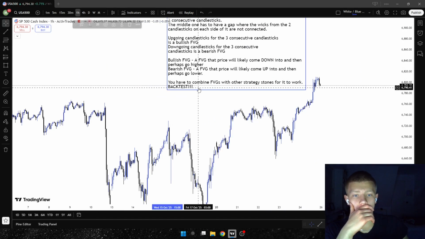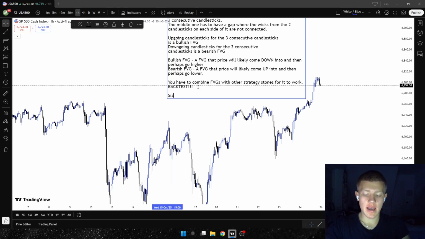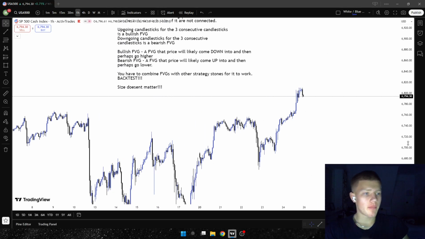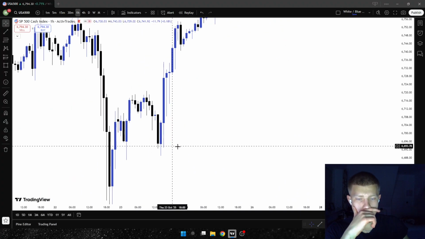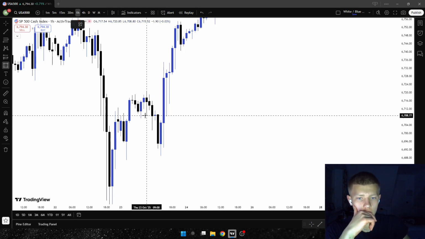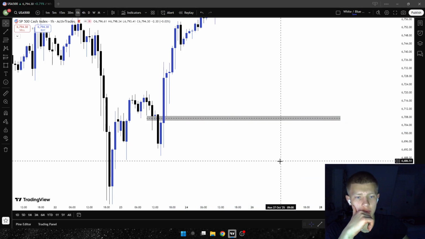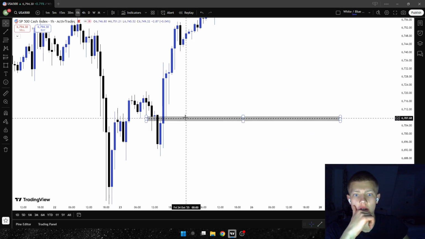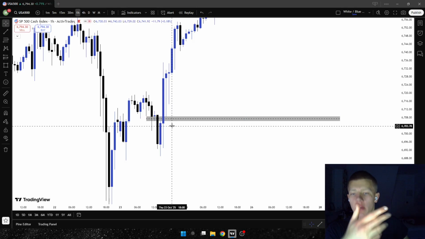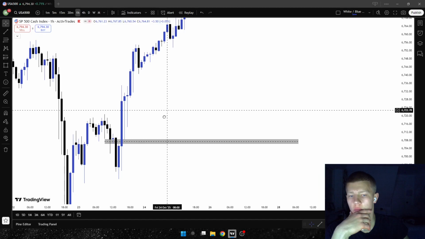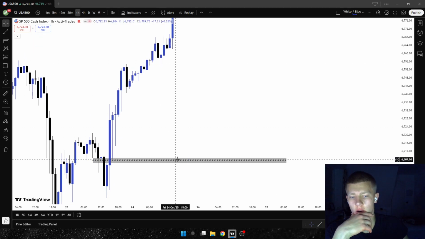Now there's another thing that I want to tell you guys. Size doesn't matter. Isn't that wonderful? A fair value gap that is very, very small, like this bullish fair value gap. Just because this is small, it doesn't mean that it is less likely to get filled. Price will 100% come down here at some time, probably, and fill this fair value gap.